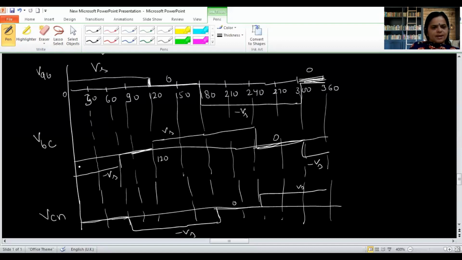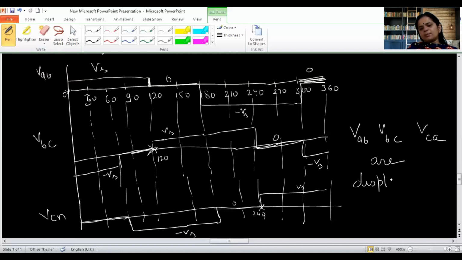So you can see here, if I see the line voltages, the value of plus Vs for VAB is starting from 0. And if you see the VBC waveform, the similar pattern will start at 120 degree. And for VCA, it is starting at 240 degree. So what it concludes is that VAB, VBC and VCA are displaced by an angle of 120.